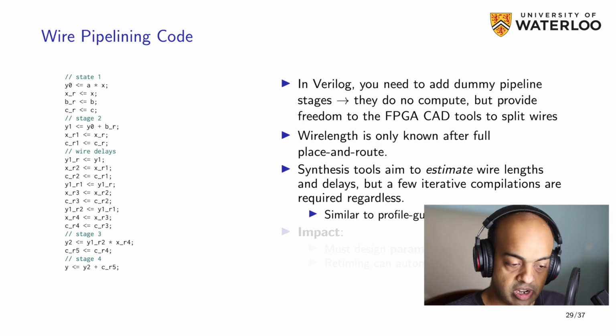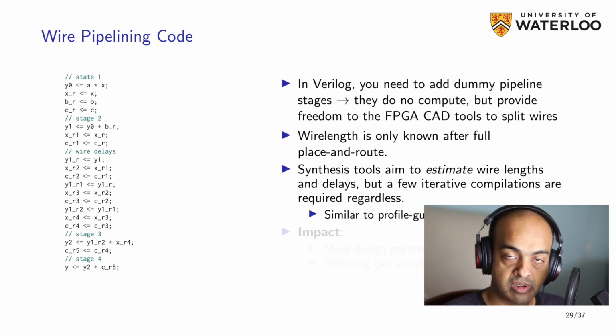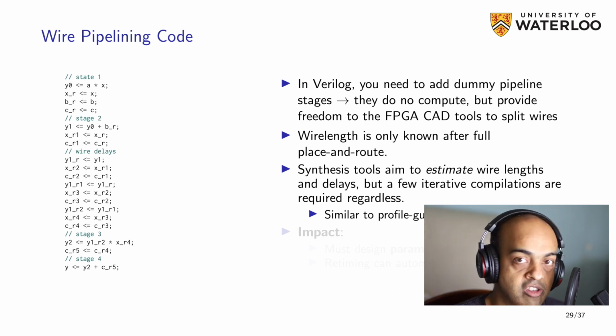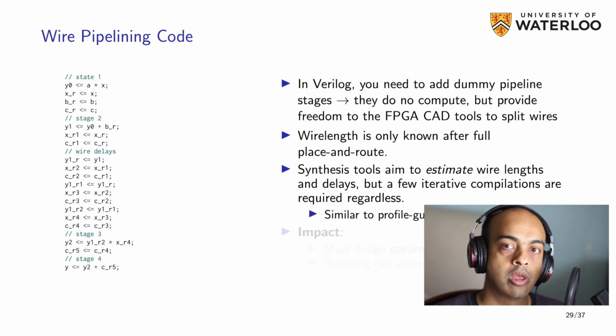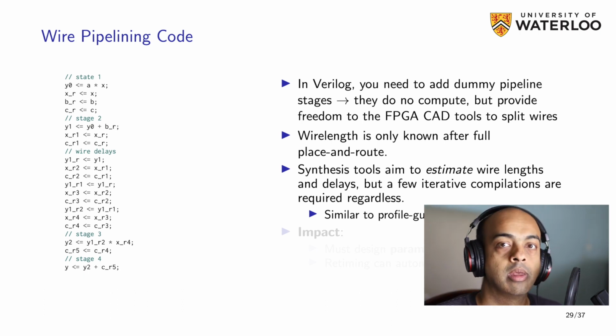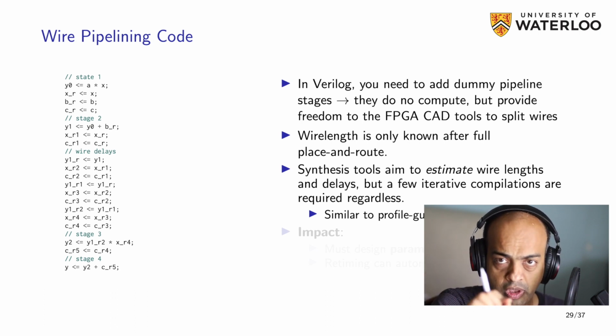So a lot of these decisions get made before you have any sort of physical knowledge of where things are going to end up. So you can start making predictive assertions. You can make a prediction that, okay, this wire is going to be this long, and chances are it's going to need this many nanoseconds of delay. So let me place the register somewhere along this line, and then later on, once you see what's happening, some tools also give you a feedback option.